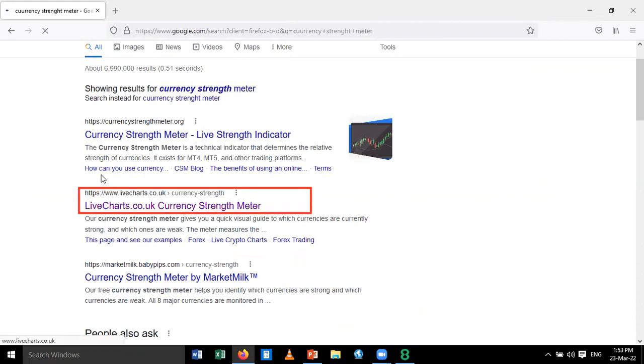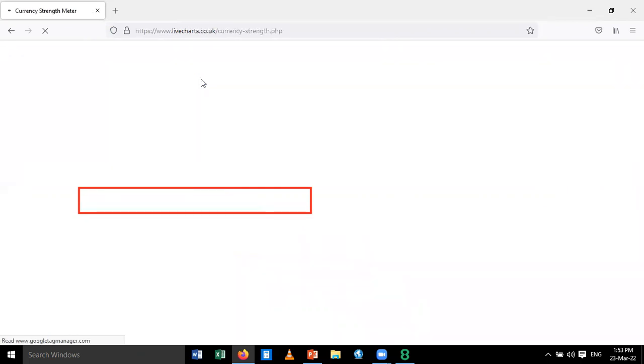You select it. Selecting it, it gives you this.